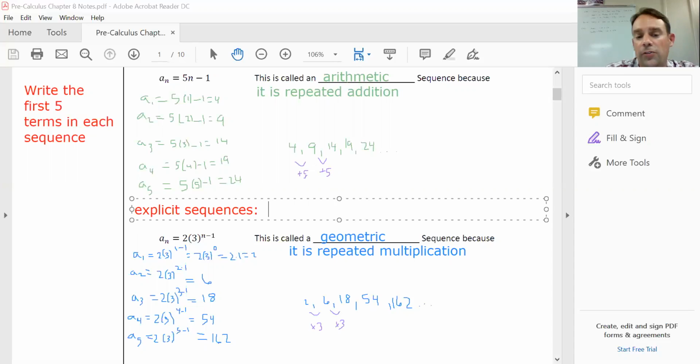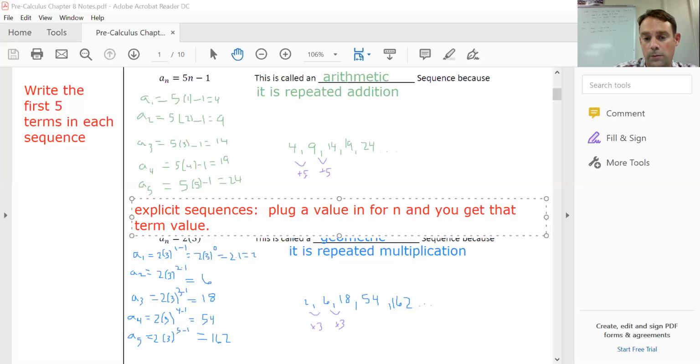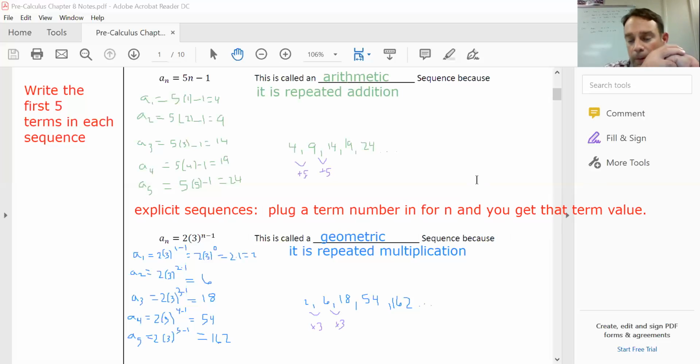They're explicit because you plug a value in for n, and you get that term value. So you can figure out any term number you want just by plugging it in for n and getting that value out. That makes it explicit.